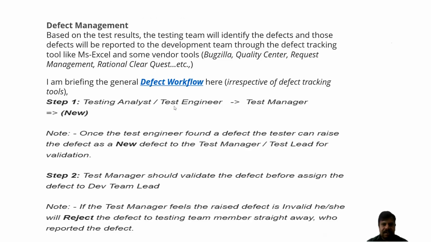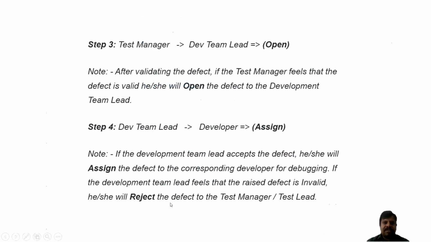Step 1. The testing analyst or test engineer will report it to the test manager. The test manager should validate the defect before assigning the defect to the development team lead. Okay. And the test manager will be reporting to the development team lead, and the development team lead will be reporting it to the developer.